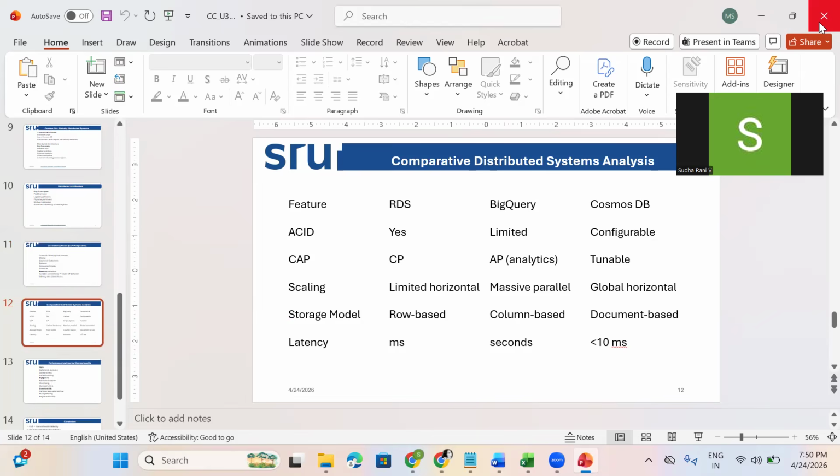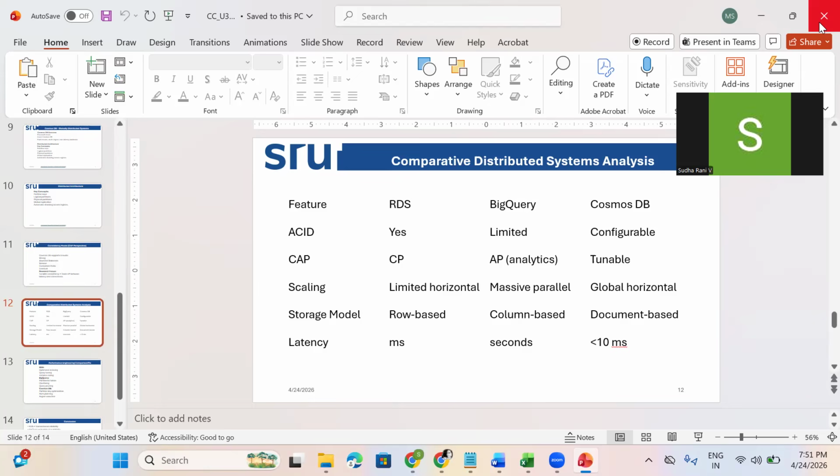Now coming to the comparative distributed system analysis. The first feature is ACID. This table tells the differences between the different databases. For ACID, RDBMS supports it, BigQuery supports it only in a limited way, and CosmosDB needs it configurable. Coming to CAP, in RDBMS it is okay, here it is analytics, and here it is tunable.